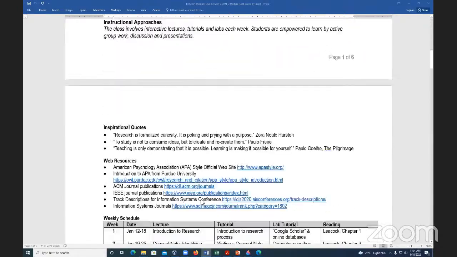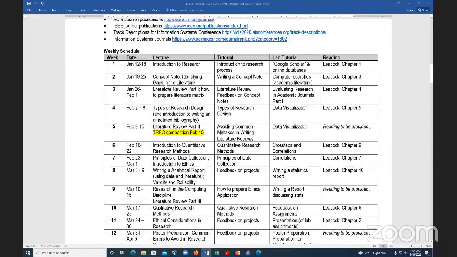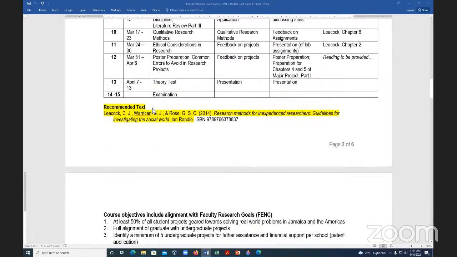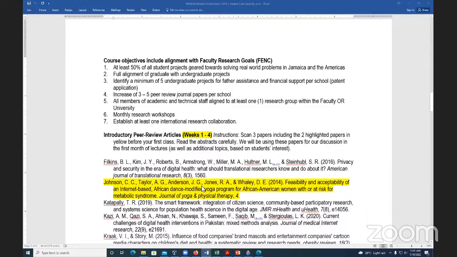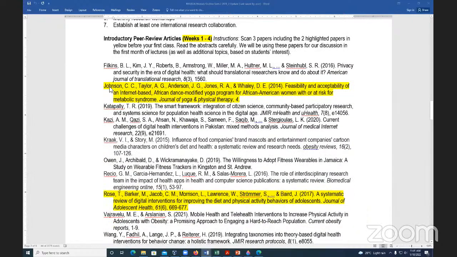Just to show you that there's a plan for every single week. The recommended text I actually updated to 2014. And what I was telling you is before next class, I would like you to look at these 2 highlighted papers, as well as at least 1 more. You can look up more than that.